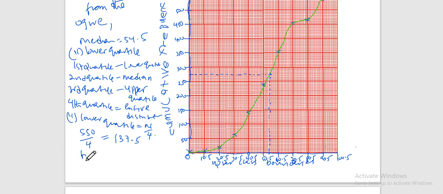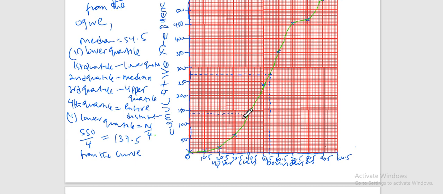So from the curve, 137.5 is around this point, somewhere here. So trace it. Wherever it touches the curve, you stop and you bring it down.